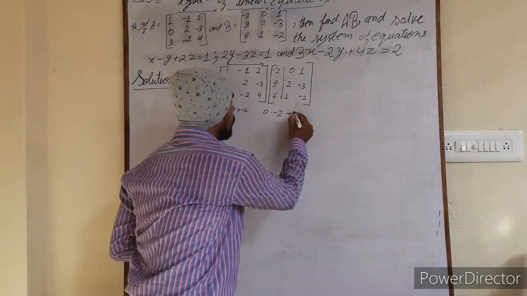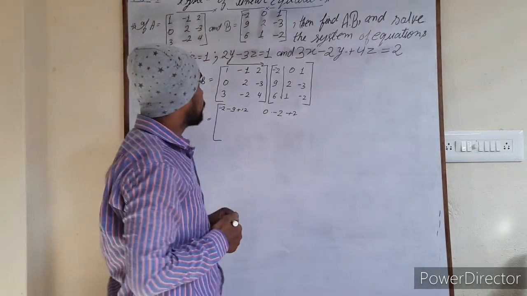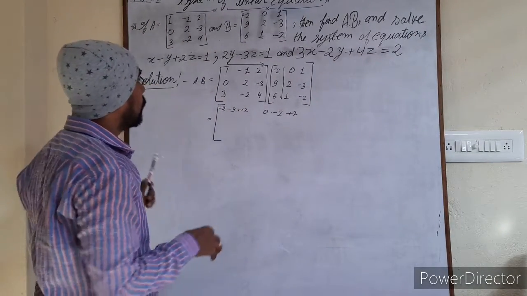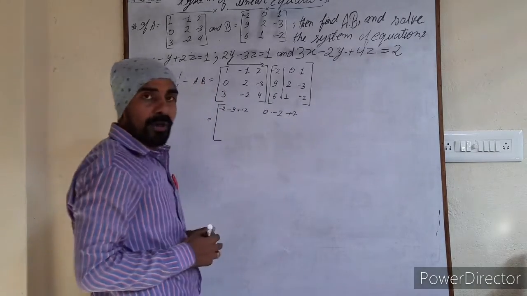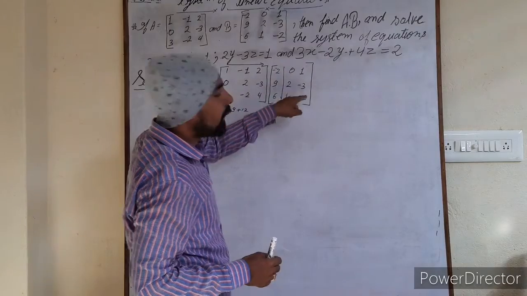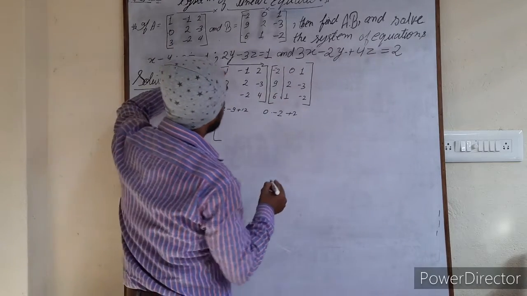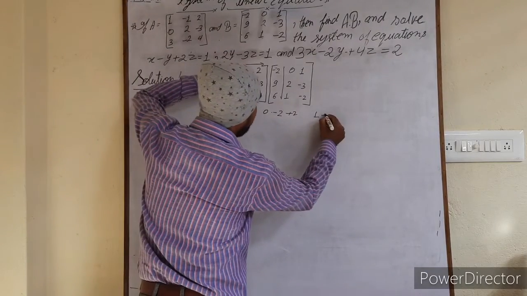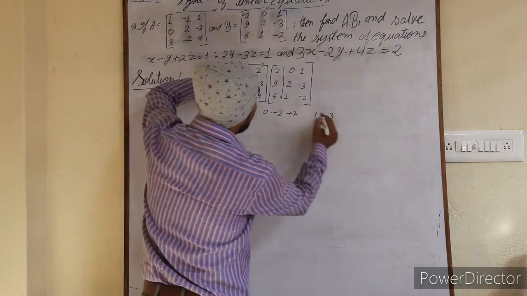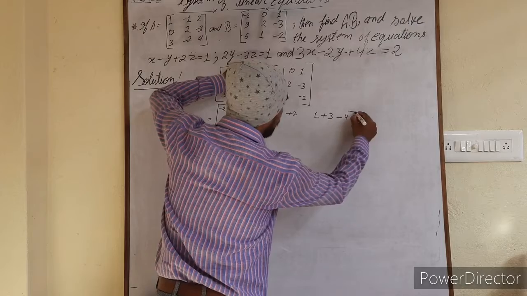So 0 plus 2 is going to be written here. After that, for getting A13, first row and third column, this is 1 into 6 is 6, minus 1 into minus 3 is plus 3, and 2 into minus 2, this is minus 4.